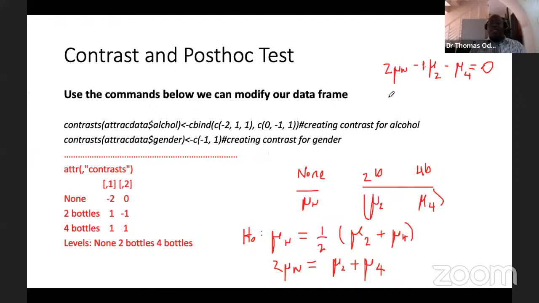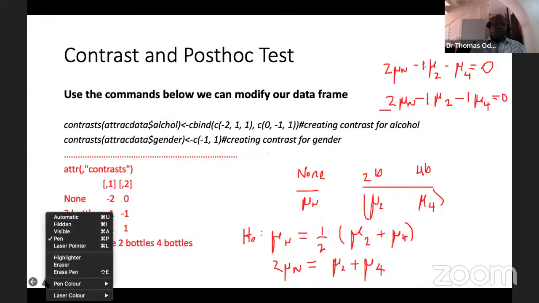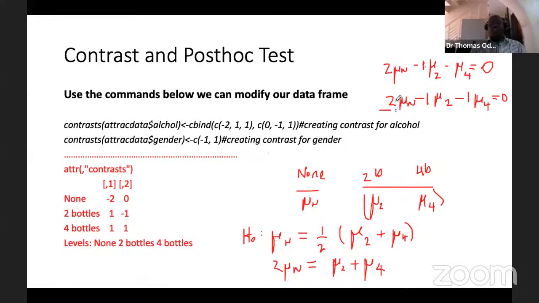So this is the same as 2 times mu n minus 1 times mu 2 minus 1 times mu 4 equals 0. If I look at the coefficients in my comparison, this is a coefficient, this is another coefficient, and that is another coefficient.